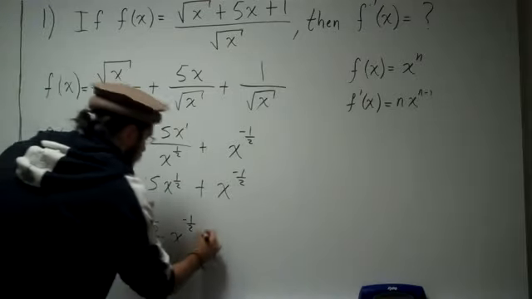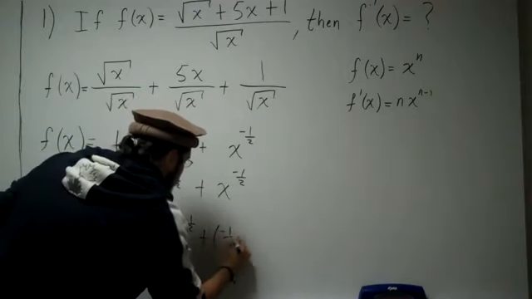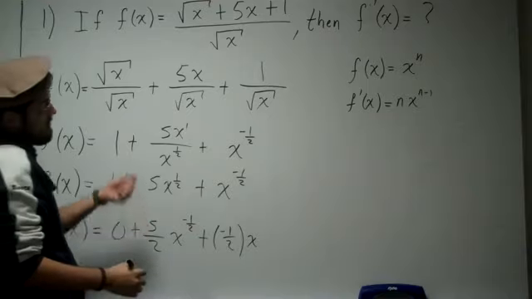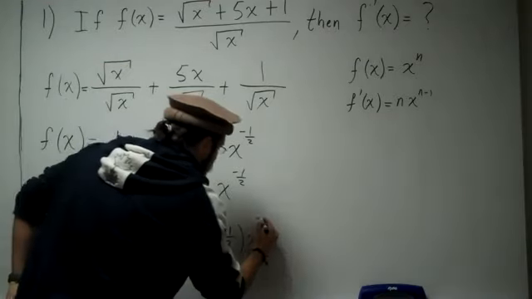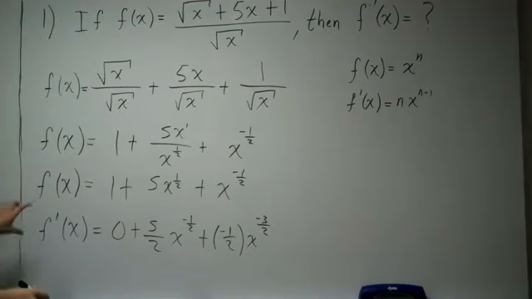Plus, apply the rule here as well. You get minus 1/2 times x, and minus 1/2 minus 1 is minus 3/2. So the calculus part was just this part right here. Now we're going to do some algebra.